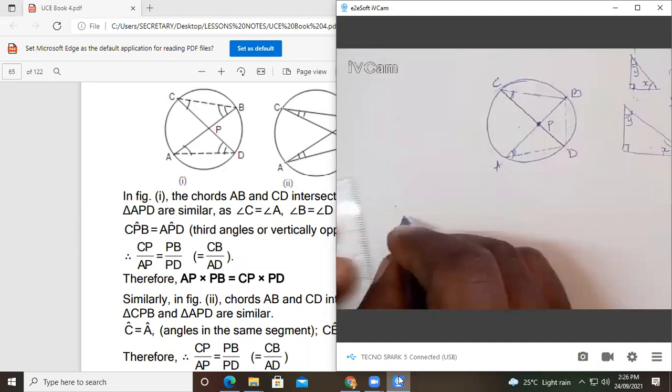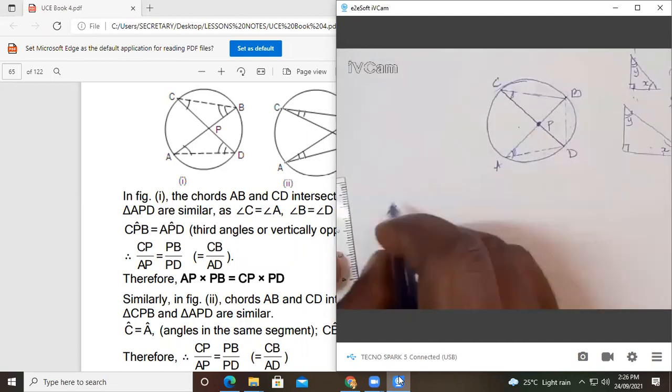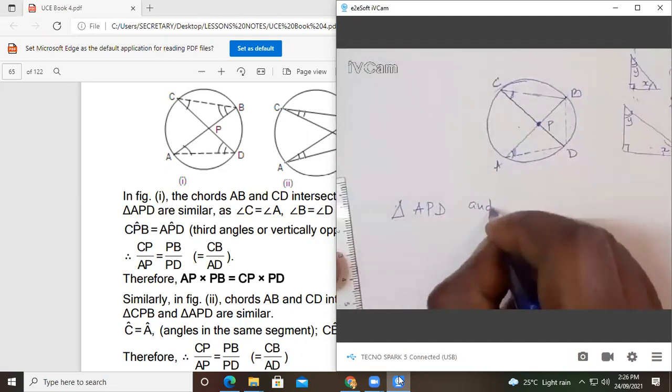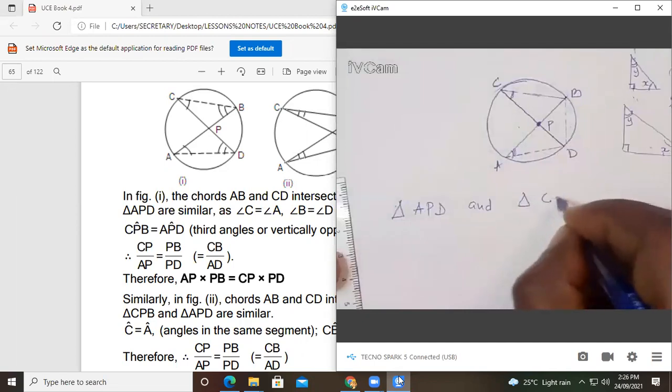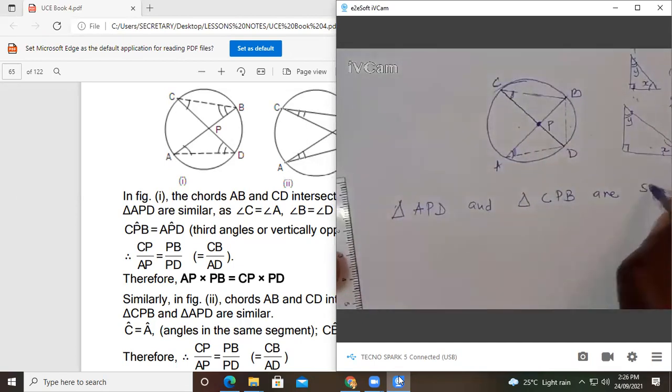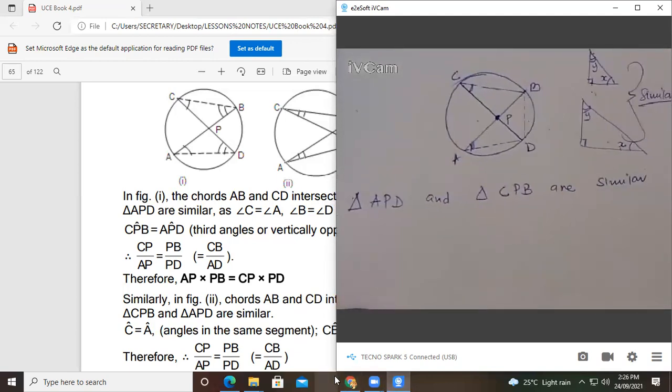So first of all, you should write triangle APD and triangle CPB are similar. You can leave this one, this was side work.